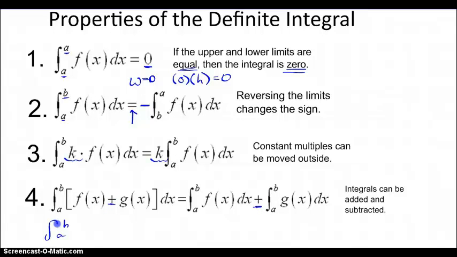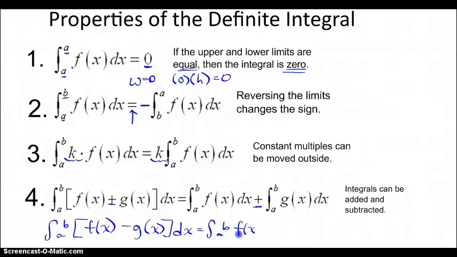So additionally in property 4, you could write that if you wanted the accumulated area trapped in the plane, and it was the difference of f of x and g of x, where it's f minus g, then you could take each one of those functions separately, find the area under f, and subtract from it the area under g.